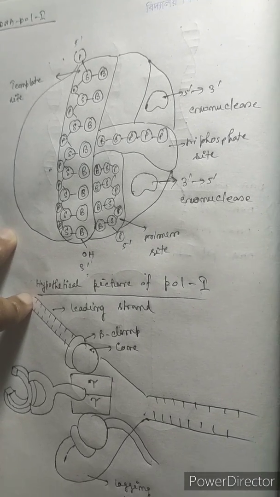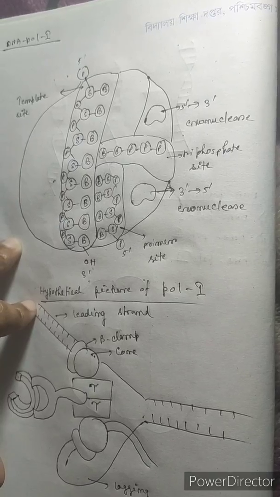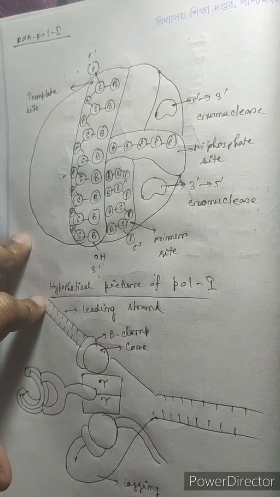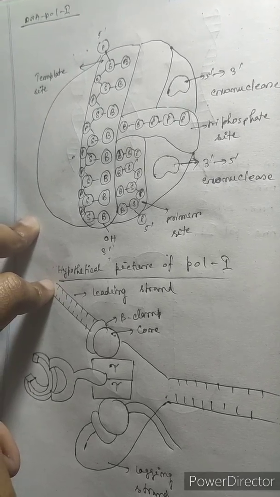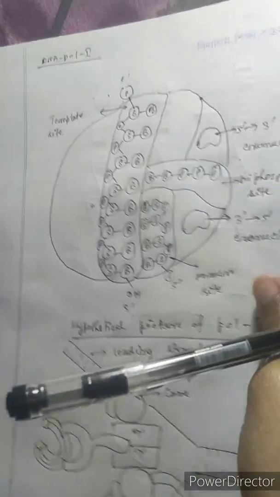It is not essential for the DNA replication process, but it helps in repair replication, and it has some sites by which it helps in the repairing process.